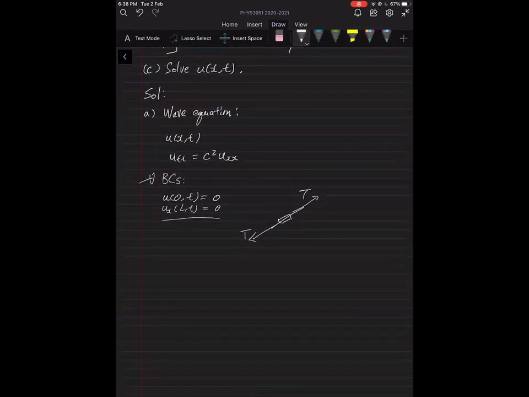Then the force. So here you have theta 2, and here you have theta 1. So the net force is equal to T sine theta 2 minus T sine theta 1. And after some approximation, you get the wave equation.